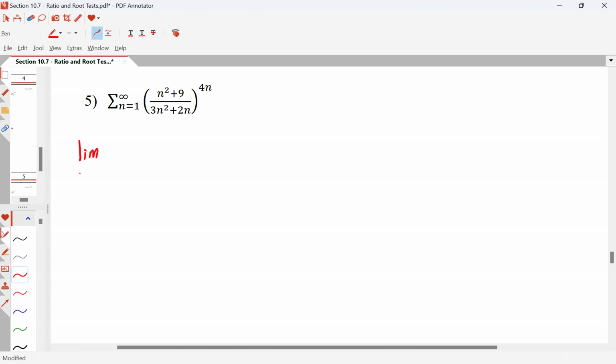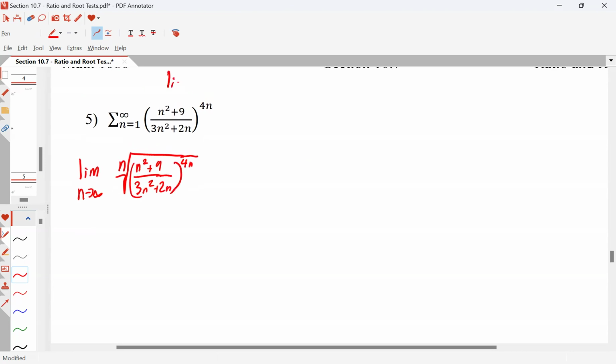So, the root test tells us to look at the nth root of (n squared plus 9) over (3n squared plus 2n), all to the 4n.